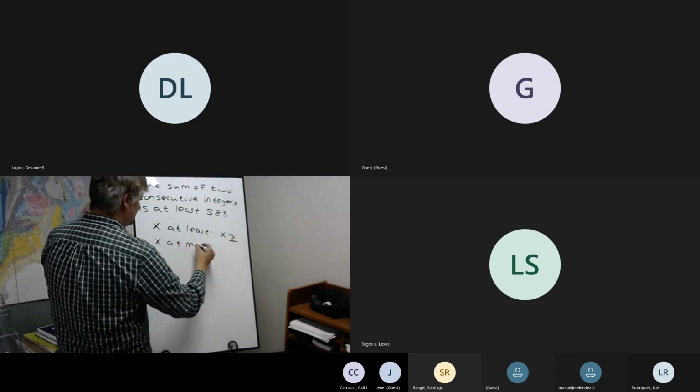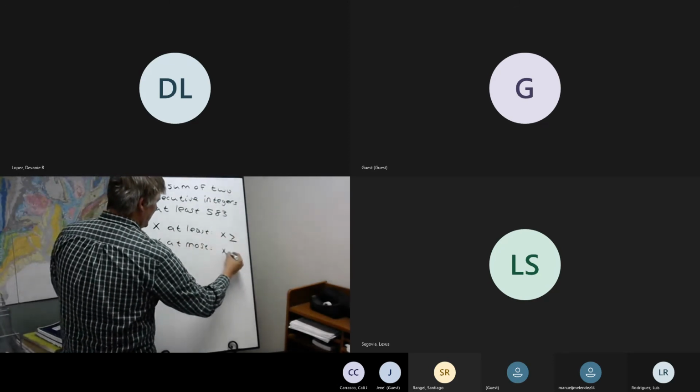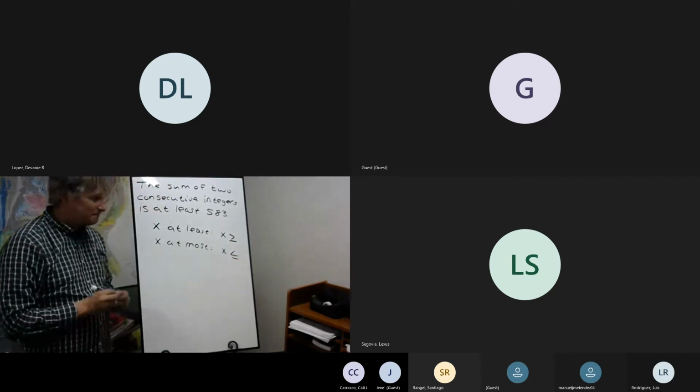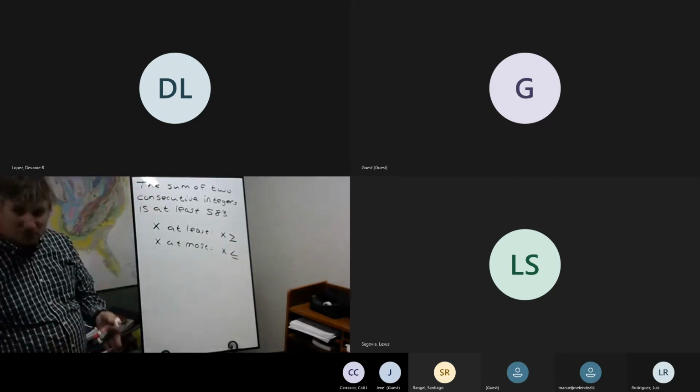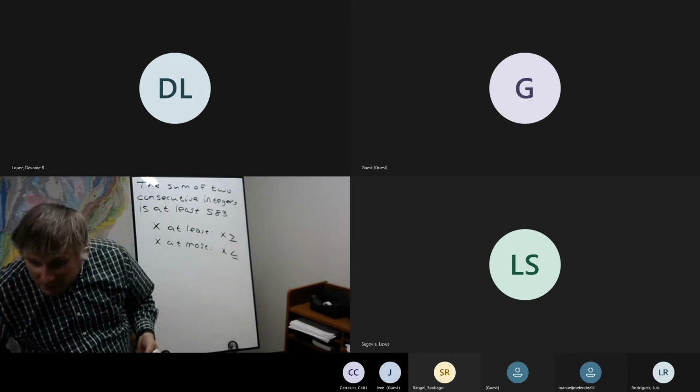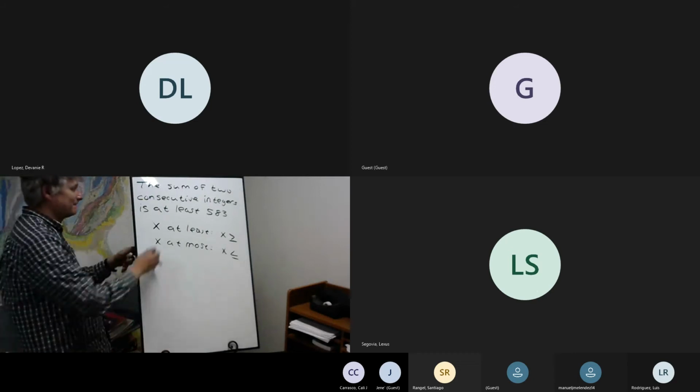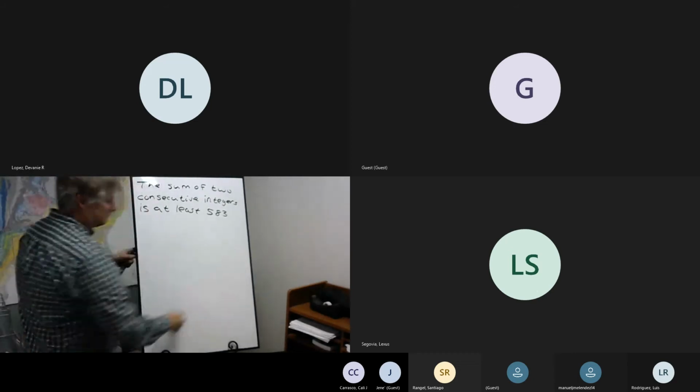X at most, that's x less than or equal to. So those are two new key phrases to keep an eye on.